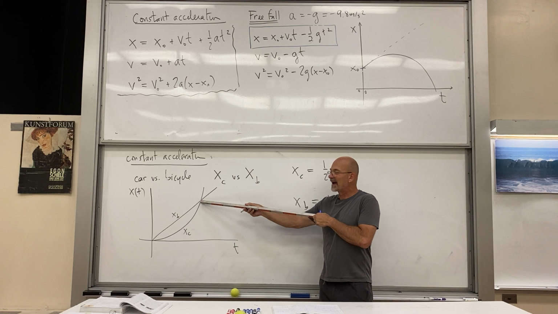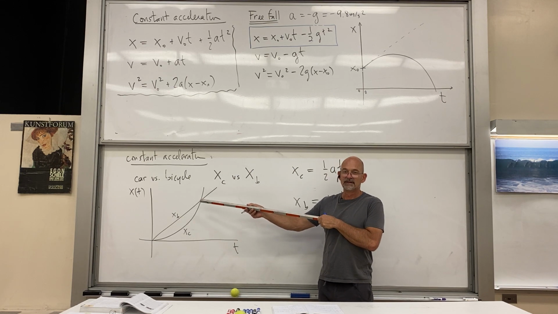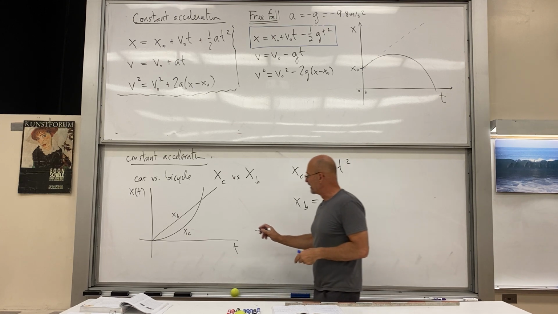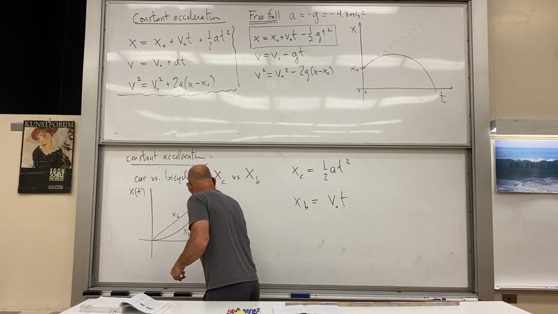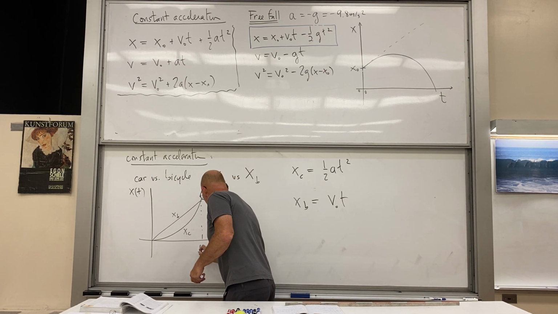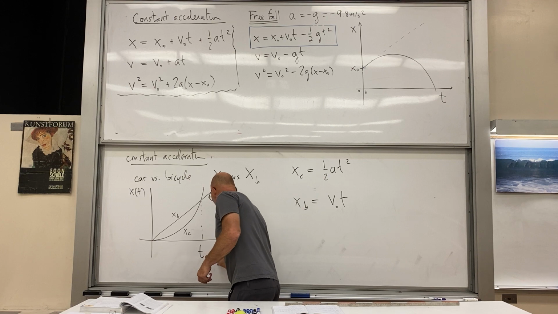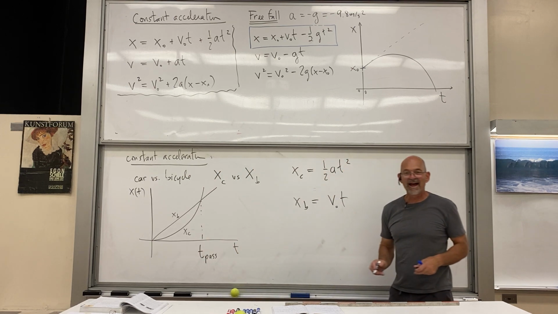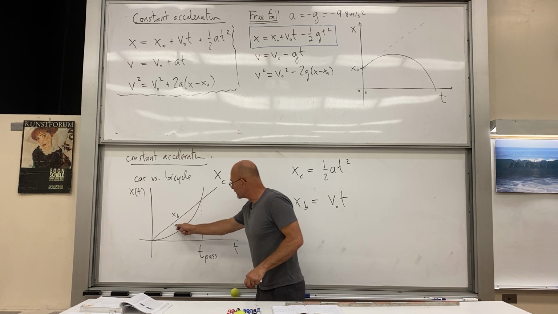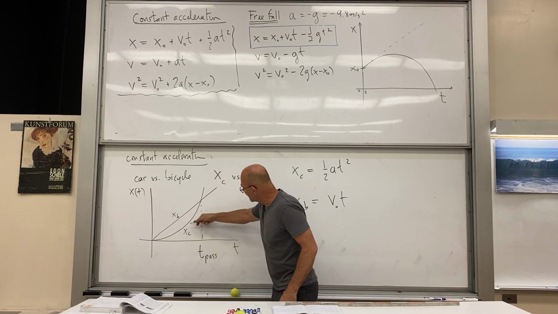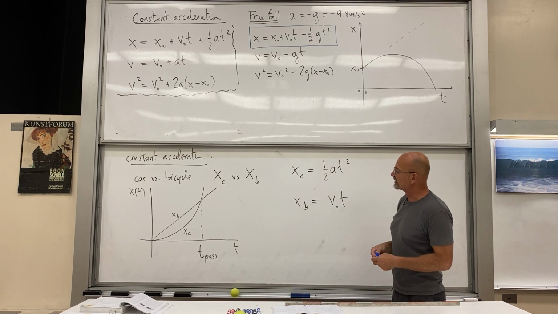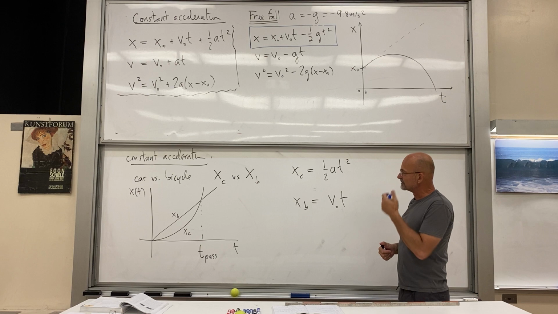Does this mean the car and the bike collide? No. They're side by side, but this time that corresponds to the lines intersecting is t sub pass, I'll call it. It's when the car passes the bicycle. The bicycle got a jump on him, so to speak. The car is accelerating, so it's going to end up going much faster and pass him up. Okay. There's a constant acceleration example.